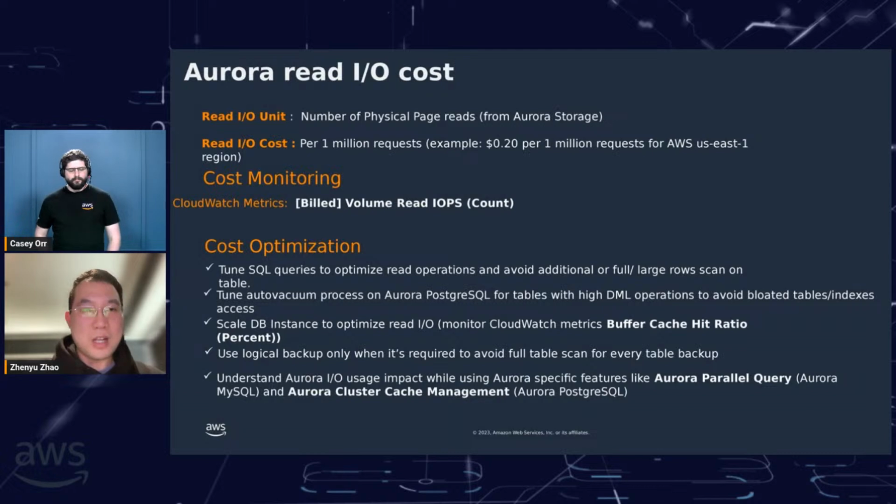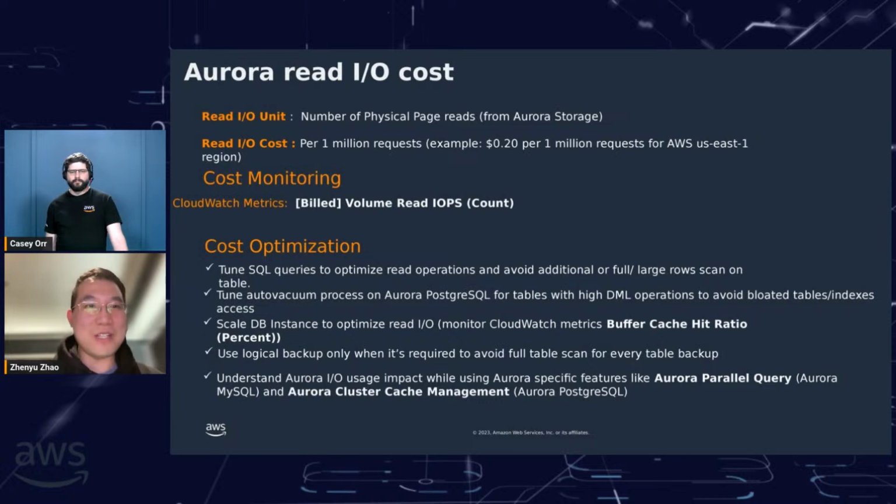So the cost optimization tip is to fine-tune your SQL queries to optimize the read operations and avoid, particularly, full or large row scans on tables, and also avoid large join queries just to give you everything. The DBA philosophy I used to have was that I need everything.